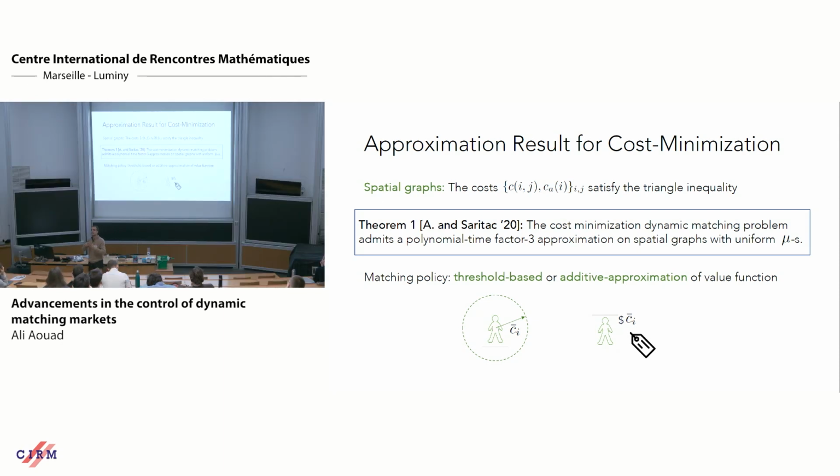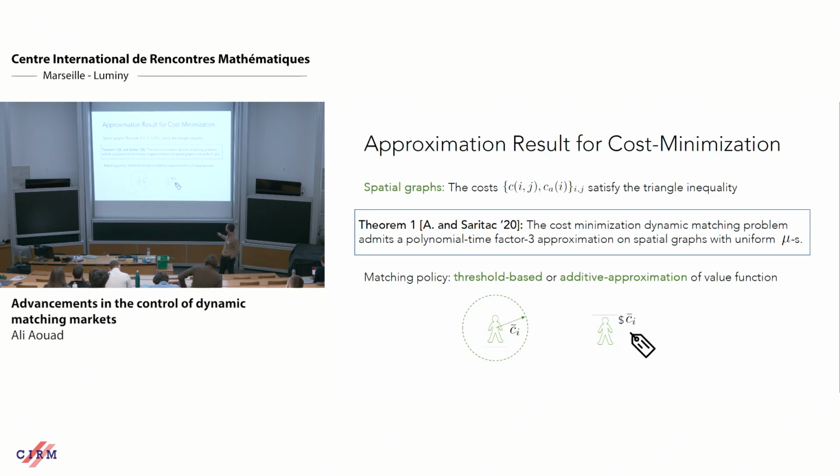If the agent starts waiting, becomes active, we restrict attention only to the future arrivals within that radius. These are close enough agents. Then when an agent shows up, we try to match that agent with all the active agents whose ball contains that new agent. And if there is contention between them, we can show that this is not much of an issue. We can just resolve the contention.